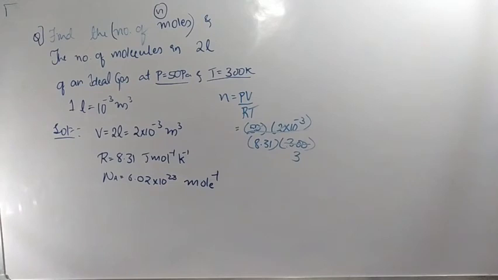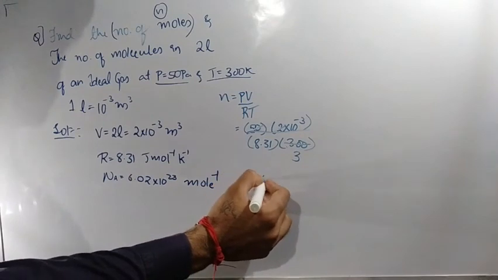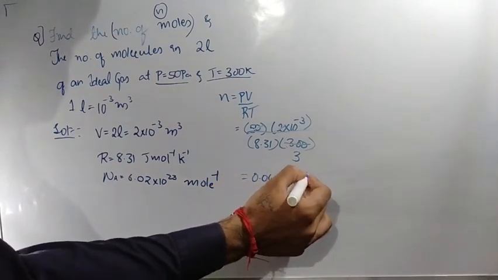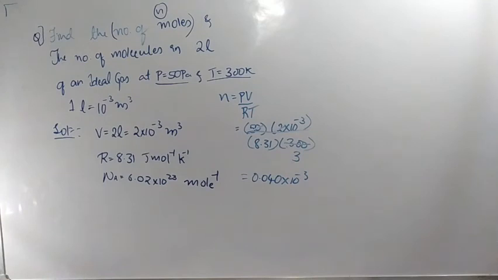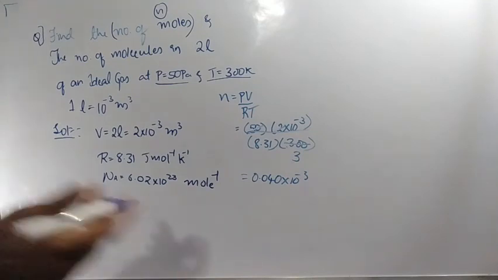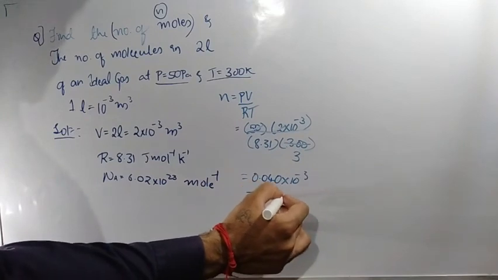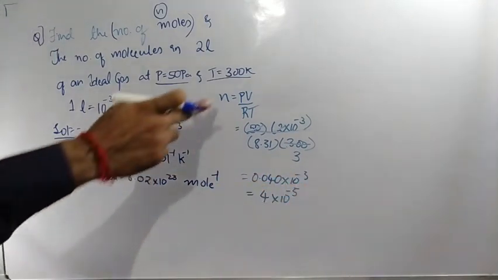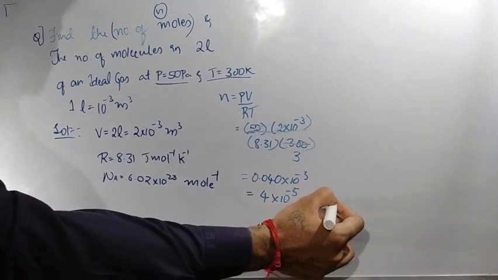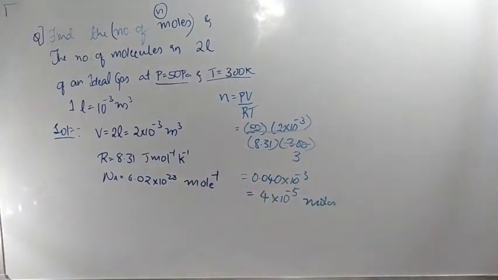So if you calculate the complete factor, how much are you going to get? 0.040, correct? 0.040 into 10 to the power of minus 3, or you can tell it as 4 into 10 to the power of minus 5. So N we have calculated, these many moles, correct?